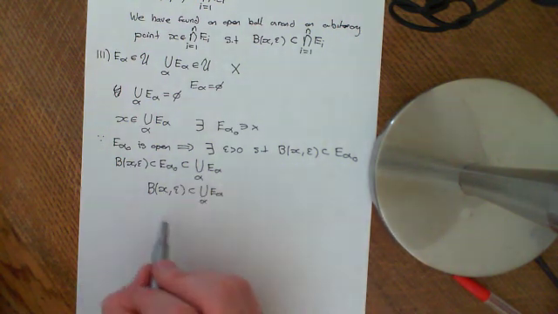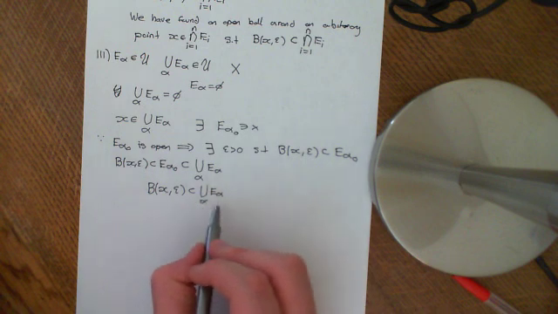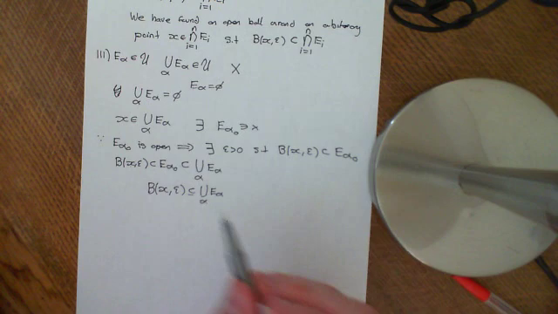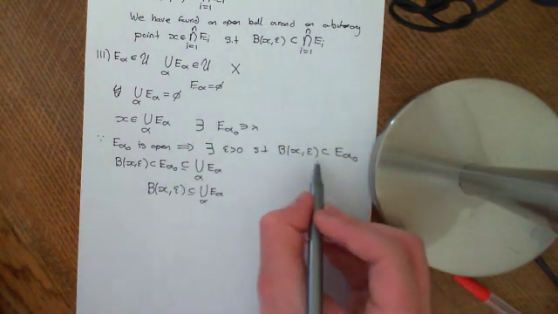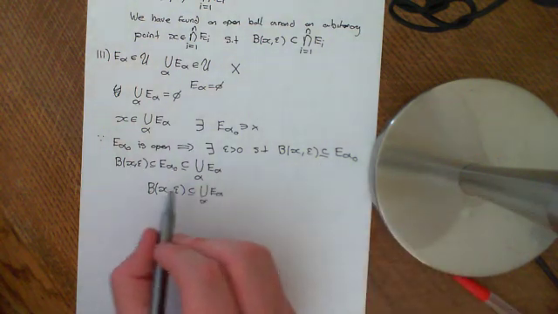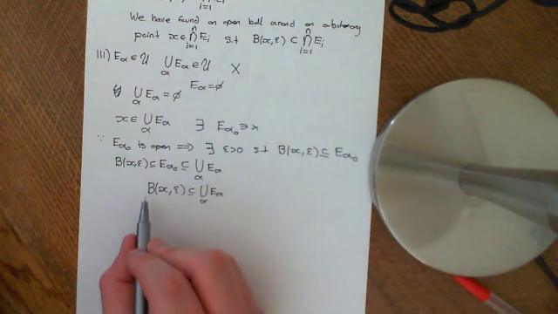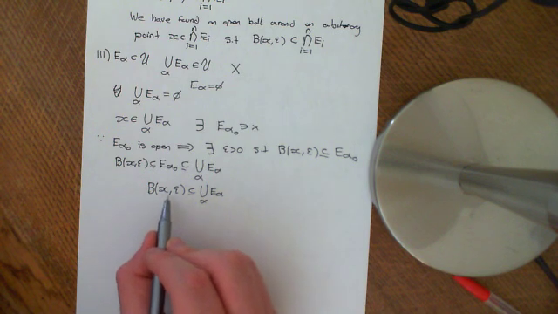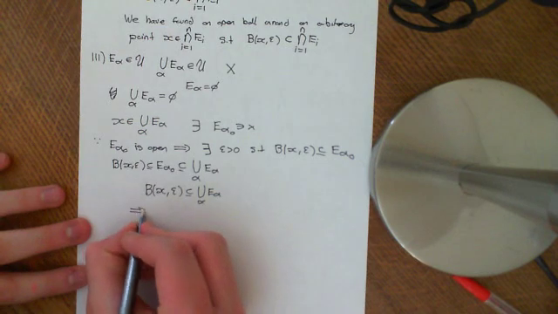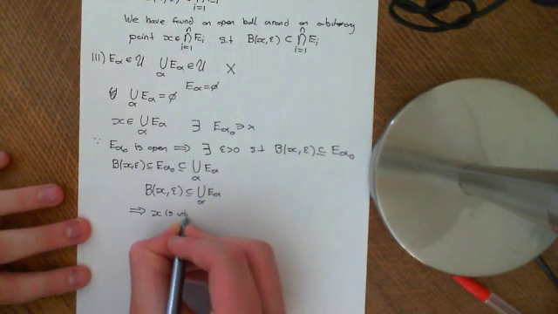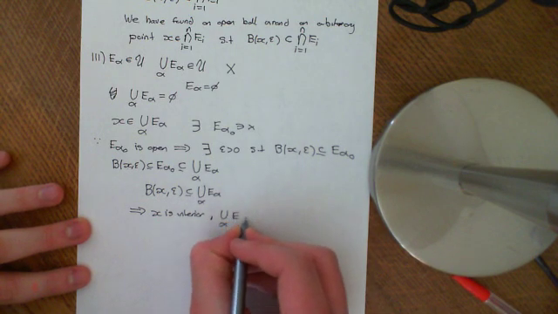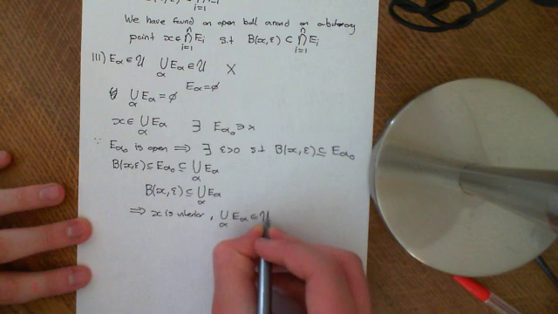Therefore what I have found is an epsilon neighbourhood which is a subset of this union, and of course I should have said these should have all been potentially equal to, rather than proper containment. But I have found an open ball around x of radius epsilon which is contained within this, which implies that x is interior, and since x was arbitrary, it implies that this union of the E alpha is also an element of the set of open sets, which was our big U.